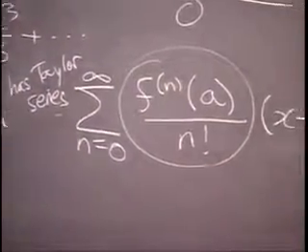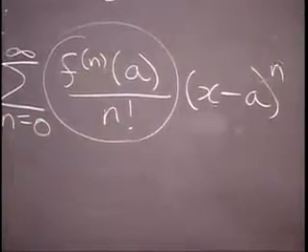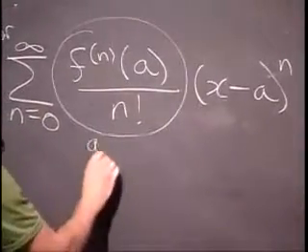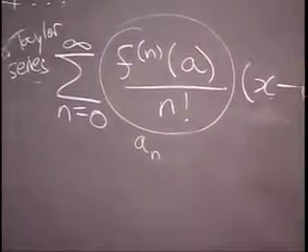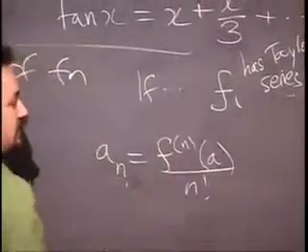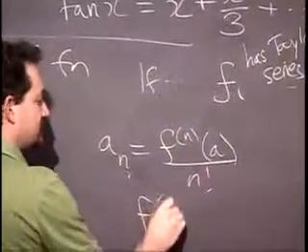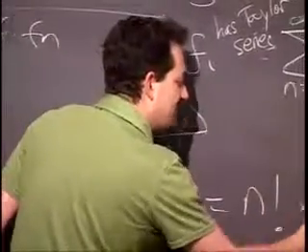So if you know the coefficient, you can find the derivative. So the coefficient a_n is the nth derivative at a over n factorial. That means the nth derivative at a of a function is n factorial times a_n.